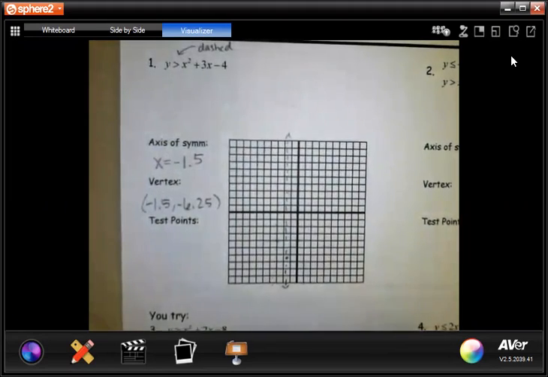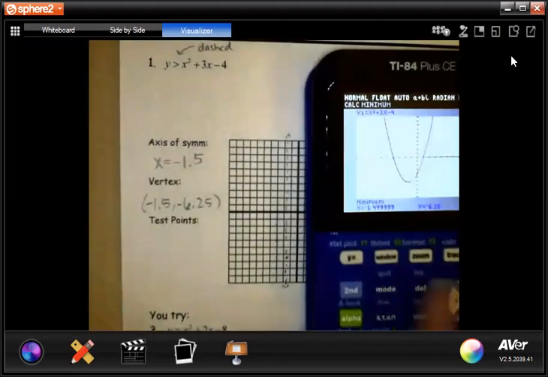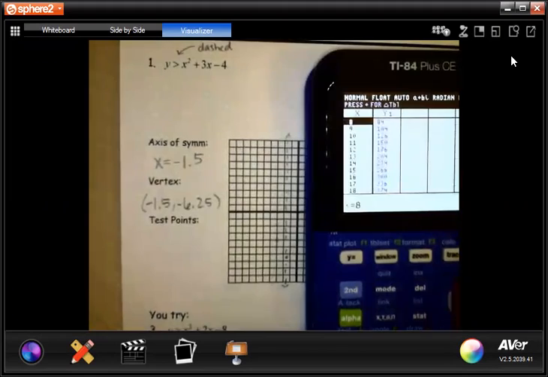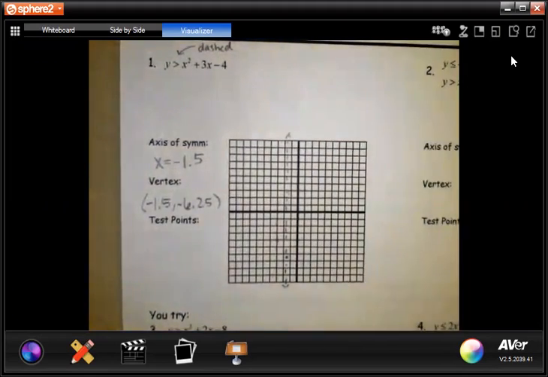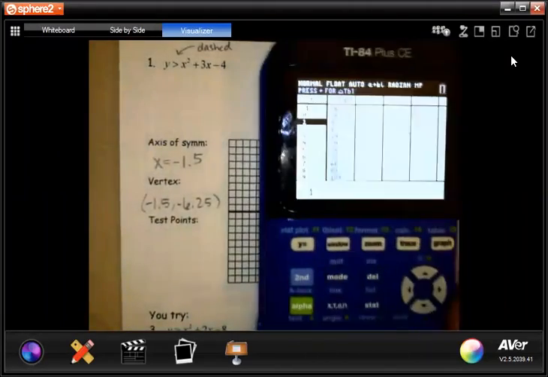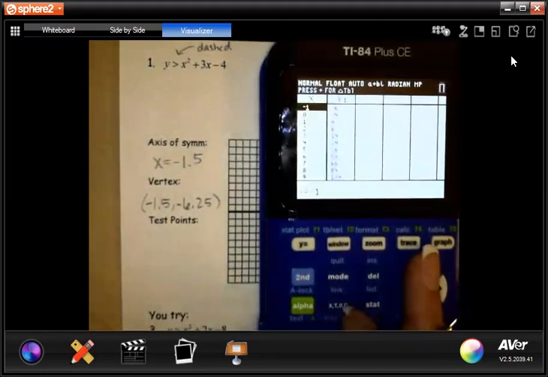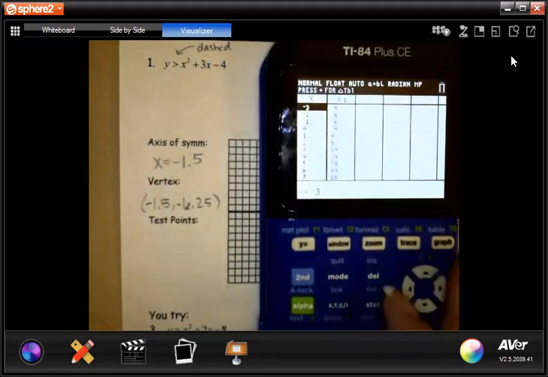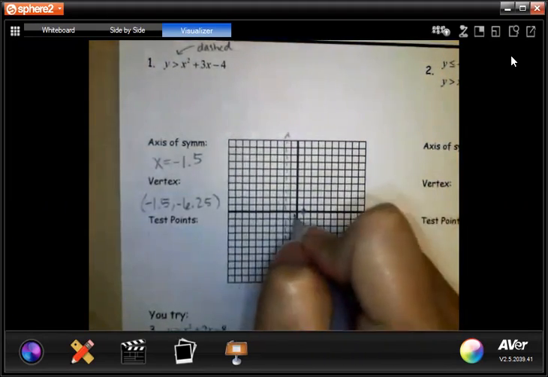So now we've got a vertex, and we've got our axis of symmetry. We also need some more points here to graph. We can go ahead and use our table for that. And so we've got a point here at 1, 0. And then we've got another point at negative 3, negative 4.